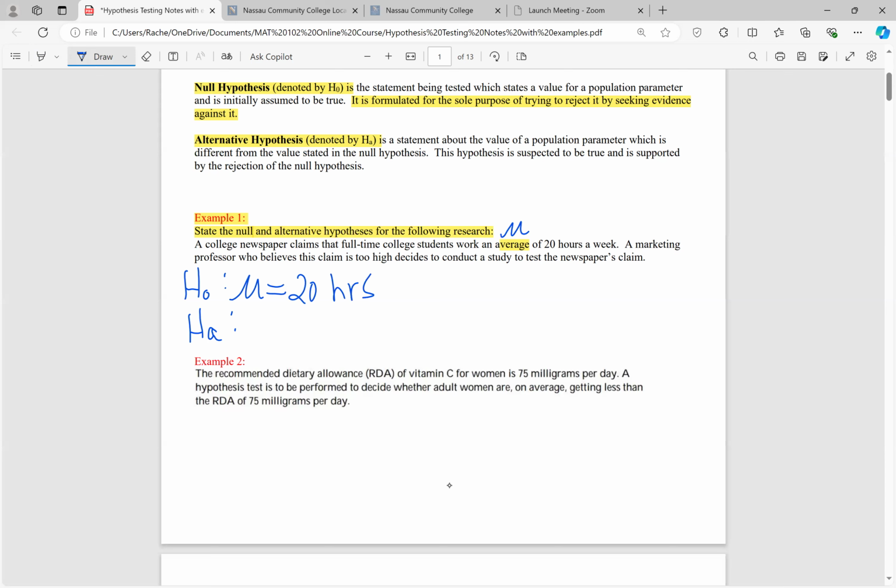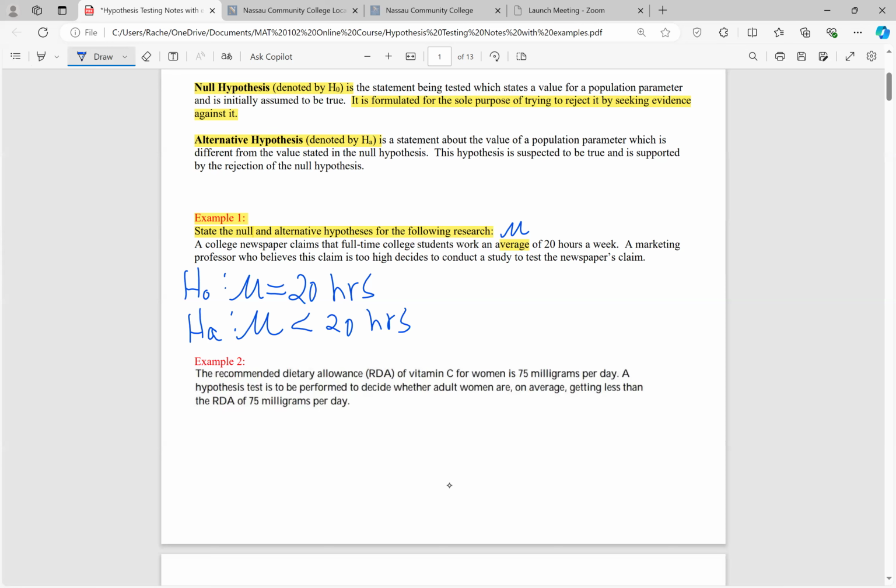But then this marketing professor comes along and says that this claim is too high and decides to conduct a study to test the newspaper's claim. So that's a suspicion, right? The marketing professor has a suspicion that that claim is too high. So that's going to be the alternative. The marketing professor believes that the average number of hours is really less than 20 hours, right?